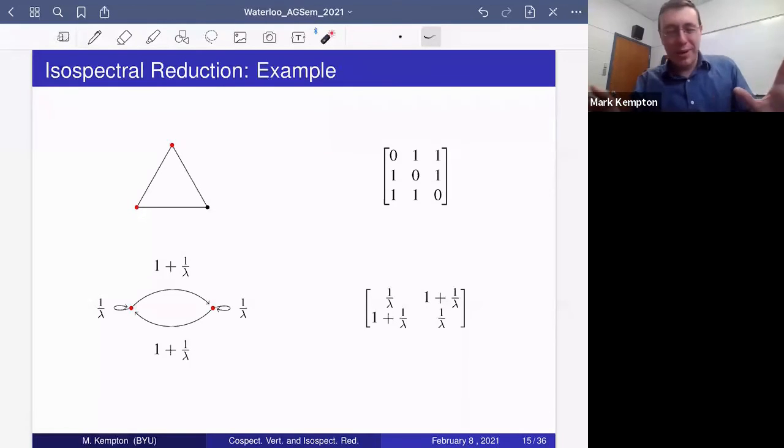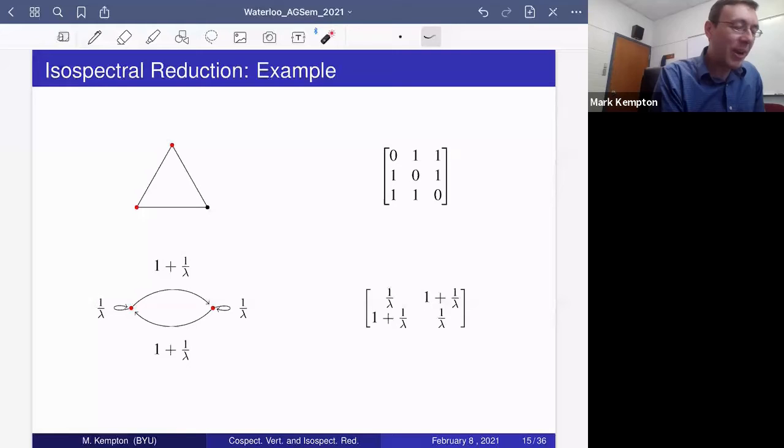to keep the example pretty simple, I'm doing a fairly small graph, but here's the complete graph on three vertices. If I want to compute the isospectral reduction onto those two vertices, well, I look at the paths between those vertices. So I have this path here and this path here. And in the reduction, between these two vertices, I'm going to have these edges. And since this is an undirected graph, I will get the same thing going in each direction.